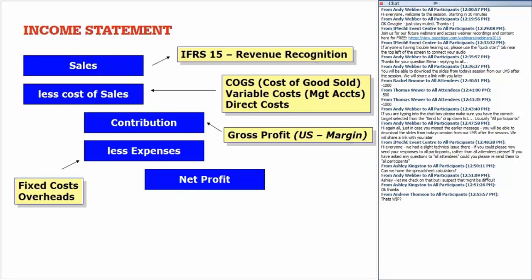Okay, moving down, we've got contribution or gross profit. In the US, it's often referred to as gross margin, whereas in the UK, when we see margin, we tend to mean a percentage. Then we take off expenses or fixed costs or overheads. You can see this jargon. You've got 3 different terms, at least, for the same thing.